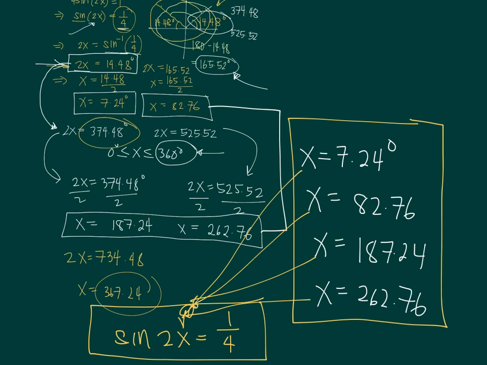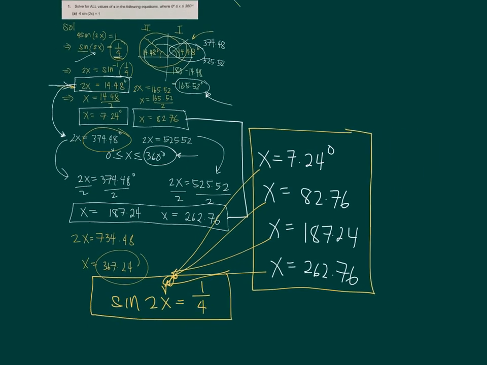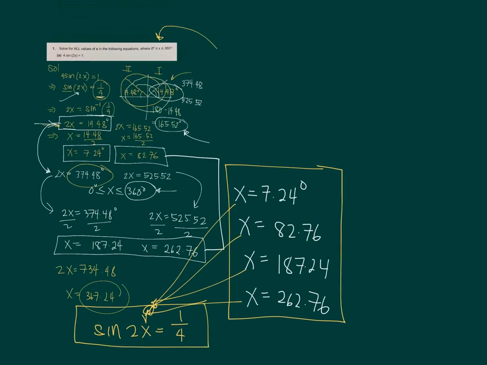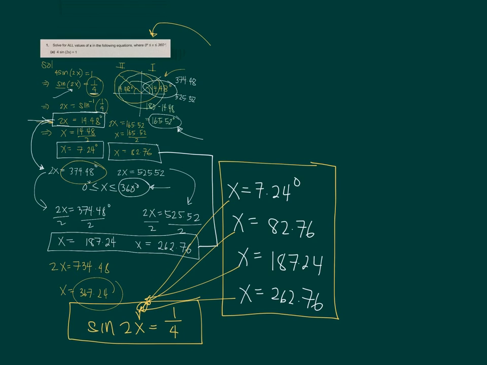Okay, so just a recap on the solution. This is what we did here. First, you need to work on the inverse for the sine 2x and get the values of 2x. Now if you notice, we didn't go directly to finding x.